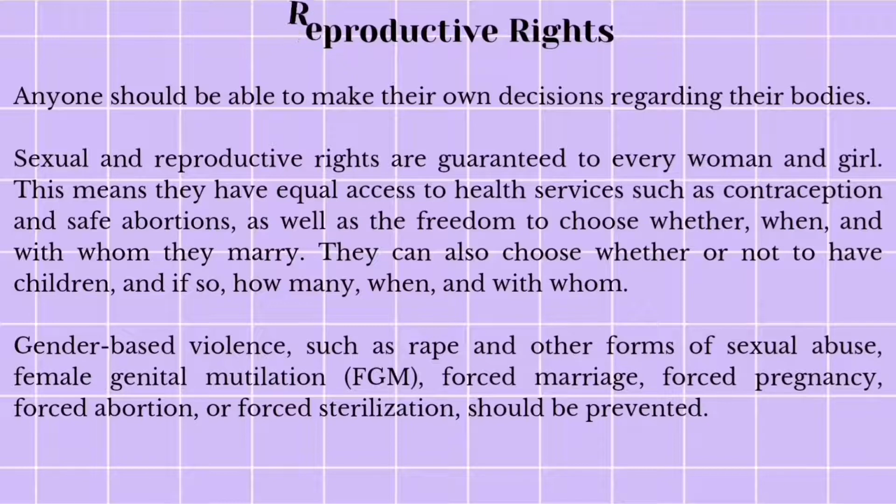They also choose whether or not to have children, and if so, how many, when, and with whom. Gender-based violence, such as rape and other forms of sexual abuse, female genital mutilation (FGM), forced marriage, forced pregnancy, forced abortion, or forced sterilization should be prevented.